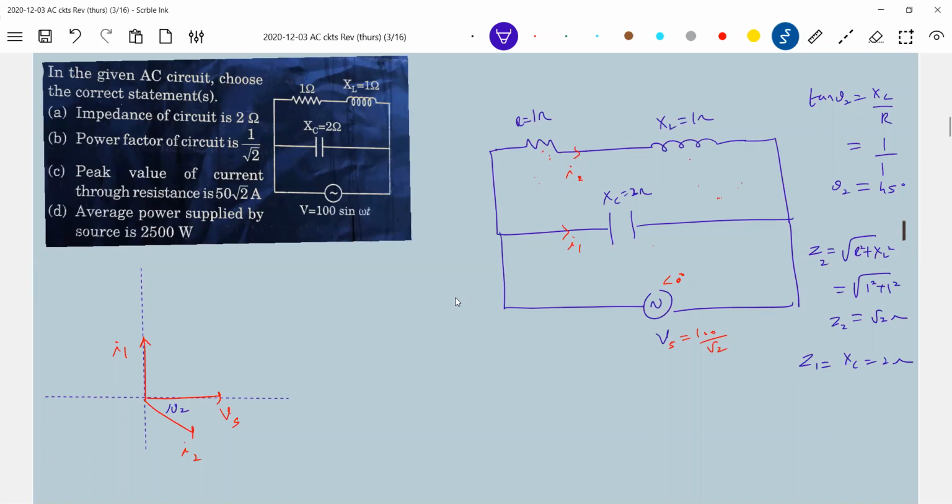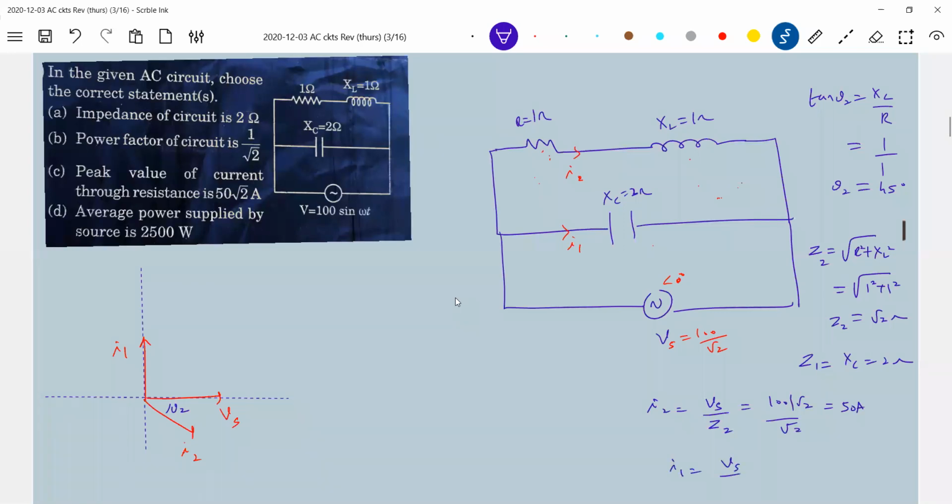Can we calculate I1 and I2 now? I2 should be equal to Vs by Z2. So 100 by root 2, by root 2. This will be 50 ampere.